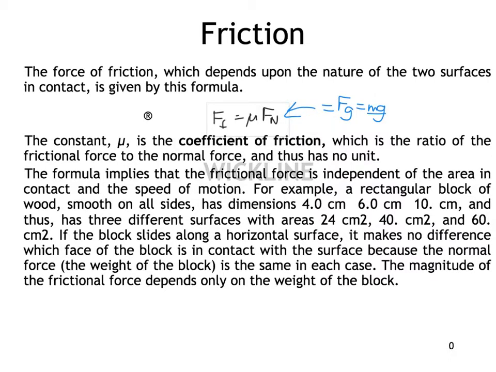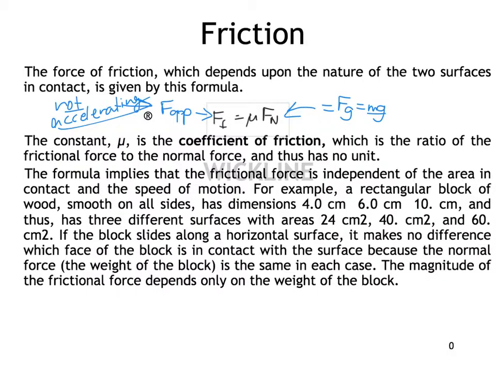And frictional force will also be equal to something sometimes. Frictional force will be equal to the applied force in the event that it is not accelerating, or that it's moving at constant speed. So either it's at rest or it's moving at constant speed. Both of those mean not accelerating, and that means that the applied force is equal to the frictional force.